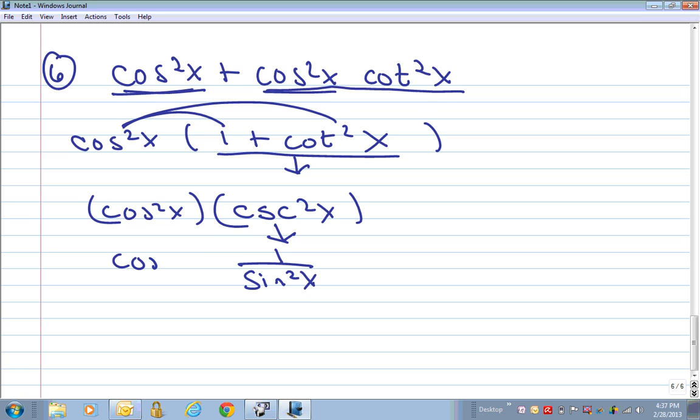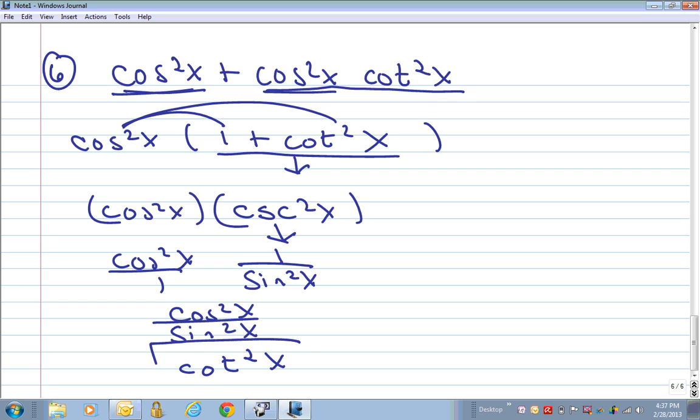And cosine squared x, it could be over 1. And if I multiply those together, I get cosine squared x over sine squared x. And when I do that, cosine over sine, if you look at your Pythagorean identities, is cotan. So cotan squared x would be my final answer. All right, go Bearcats. Let's do number 7.